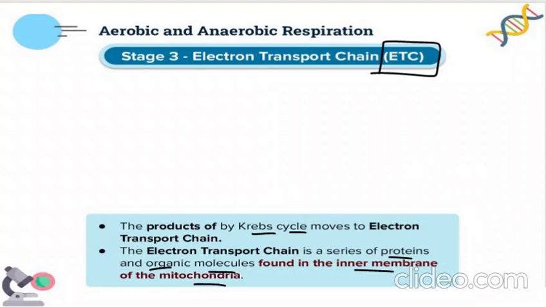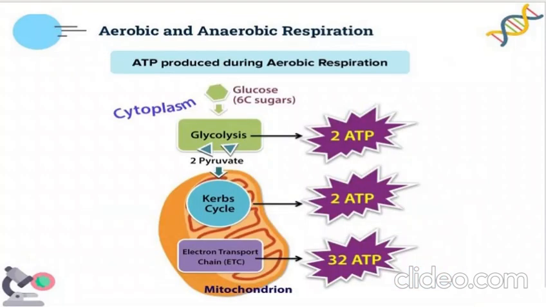Okay, so next part is aerobic and anaerobic respiration. Here we are talking about ATP. ATP is produced in aerobic respiration, correct? In the cytoplasm, the six-carbon glucose molecule is broken down by glycolysis, and two ATPs are produced.